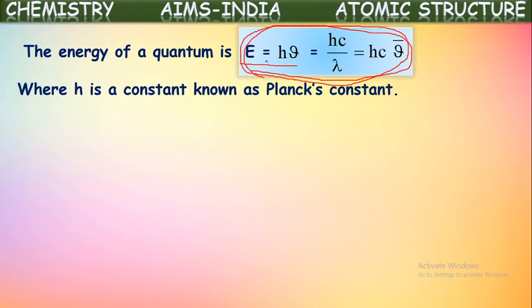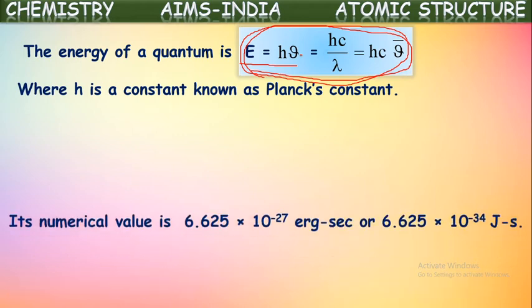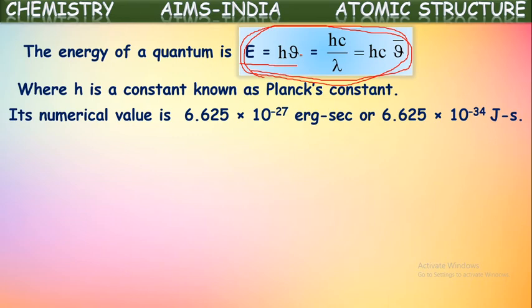See here, E is directly proportional to nu. From that, to remove the proportionality, a constant h is introduced, which is called Planck's constant. Its numerical value is 6.625 x 10^-27 erg second, or 6.625 x 10^-34 joule second.